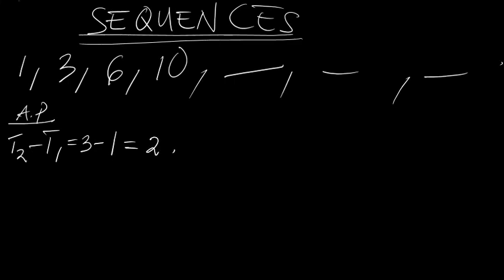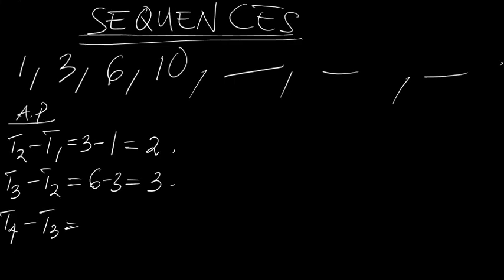This is 2. So the third term minus the second term will now be 6 minus 3. This will give us 3. The next one, the fourth term minus the third term, will give us what? 10 minus 6. This is 4. So actually there is a pattern here. You have 2, 3, 4.